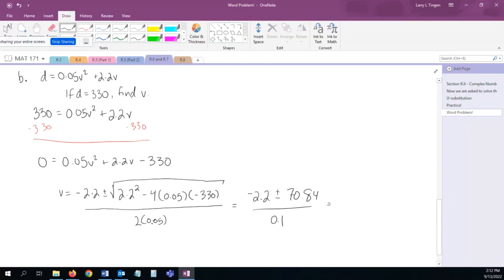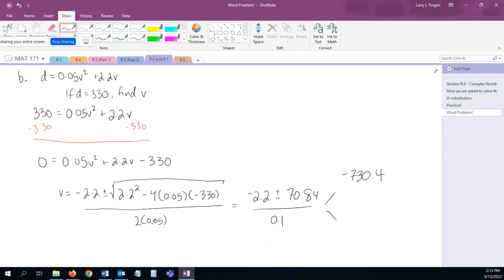That's going to split into 2 answers, a plus and a minus. So one of these is negative 2.2 minus 70.84 divided by 1/10, which gives me negative 730.4. And then the other one is negative 2.2 plus 70.84 divided by 1/10.